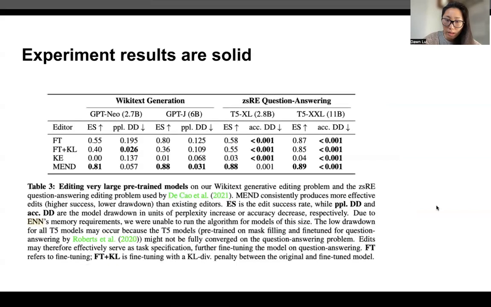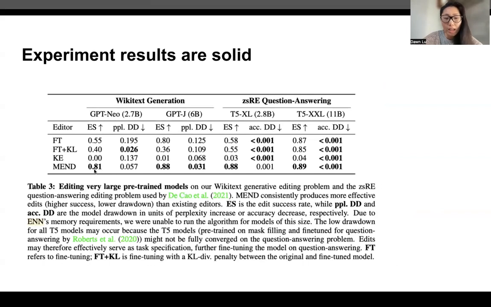In terms of broader evaluation metrics, the authors show that MEND significantly beats other methods, such as fine-tuning, on specific metrics that we care about, such as ES, which is the edit success rate.